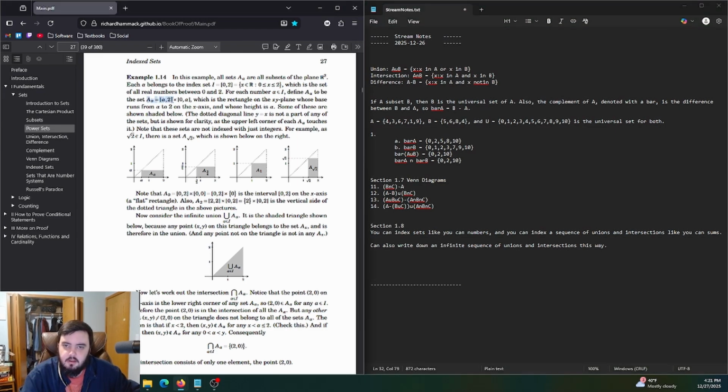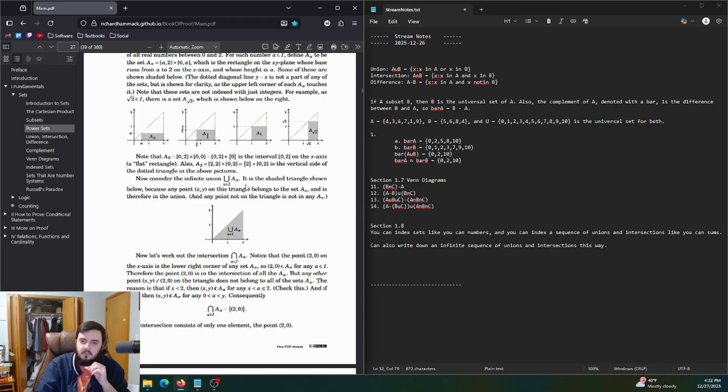The set A sub alpha is [0, alpha] Cartesian product with [0, alpha]. Oh, I see. Okay. So the boxes are all contained within this triangle, but they have a length and height basically determined by alpha.